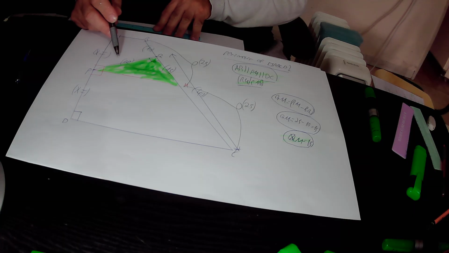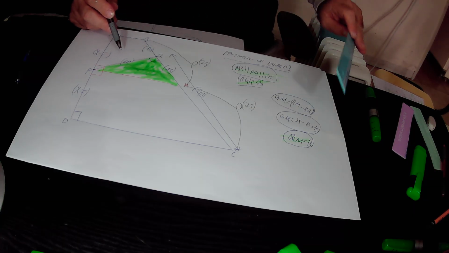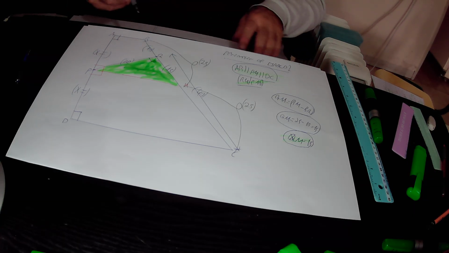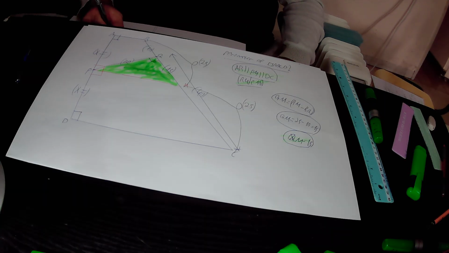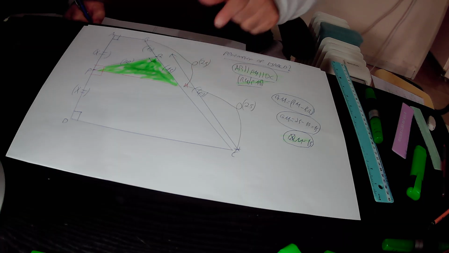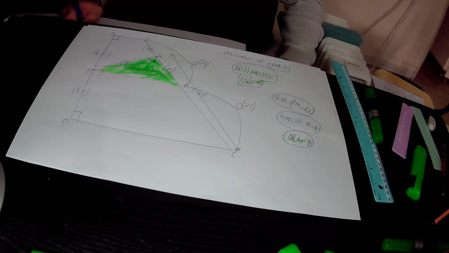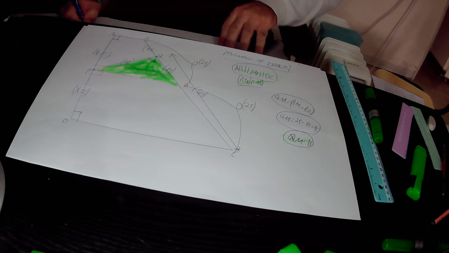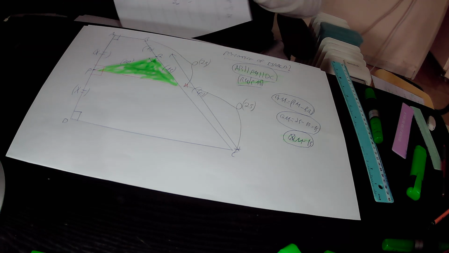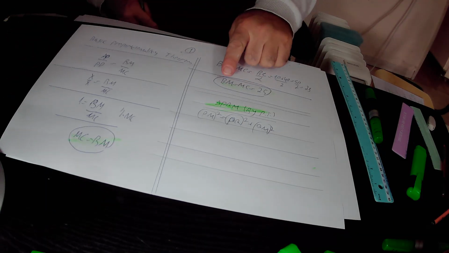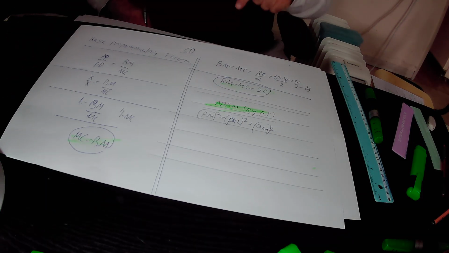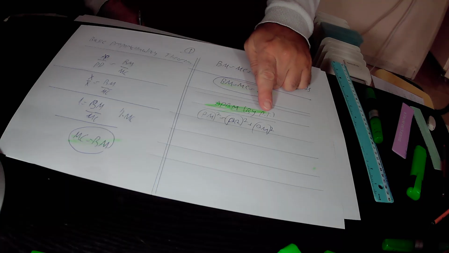In this right green triangle PQM, according to the Pythagoras theorem, PM squared, that is the square of the hypotenuse, equals PQ squared plus QM squared.